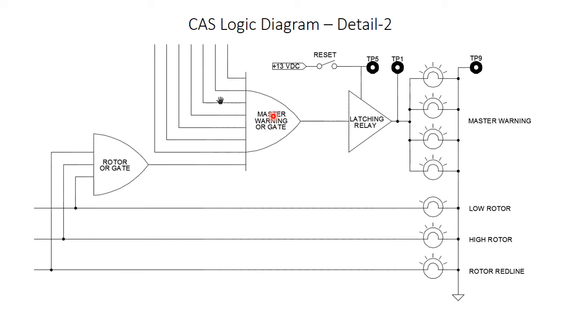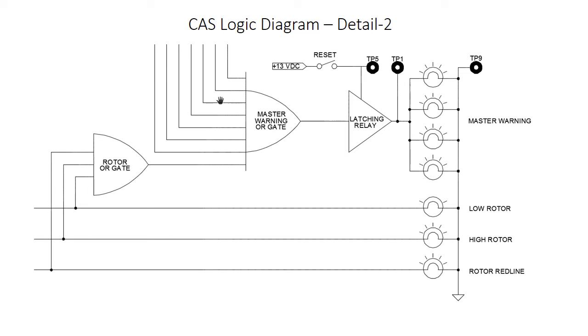So if any one of the 15 parameters starts to throw a fault condition, this relay will get latched. This relay in turn drives the Master Warning Annunciator, which has 4 bulbs inside of it. Since it's a latching relay, this annunciator will stay lit even if the fault condition is a transient and it goes away. And that does happen.